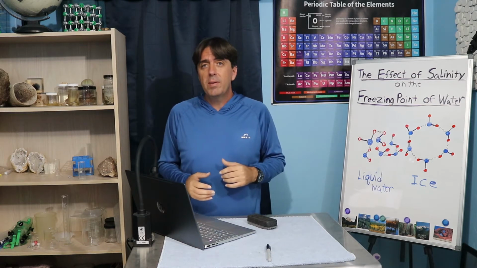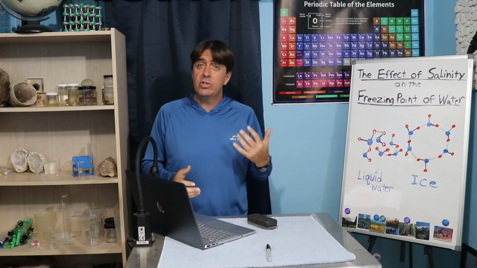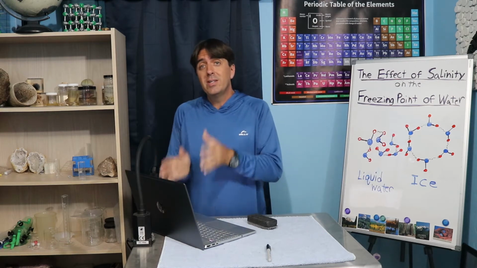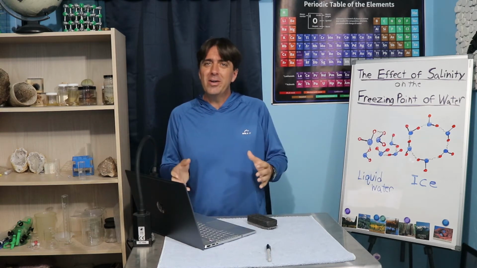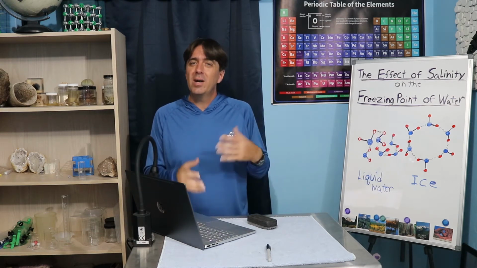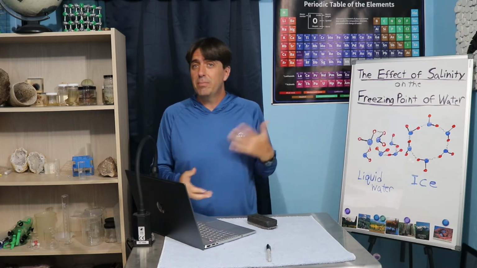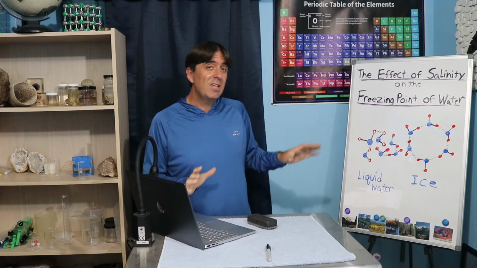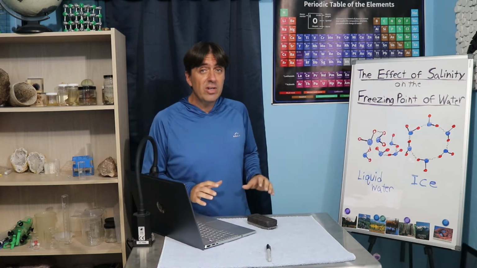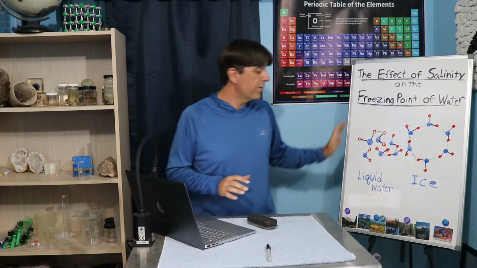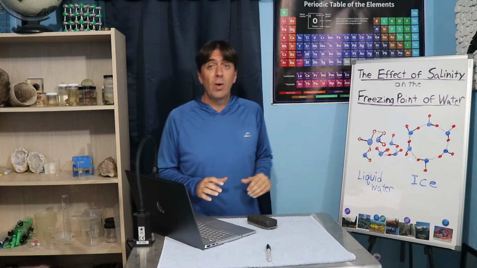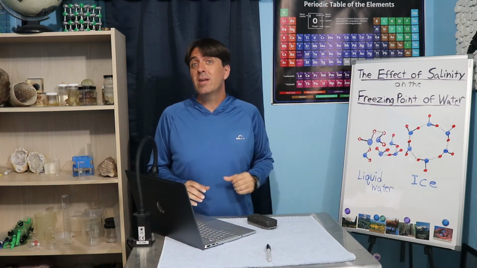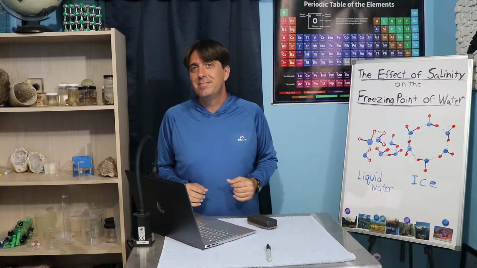Now, we are going to be playing around with this because we're dealing with the ocean, and when you put salts in water, you gain another set of properties. They're called colligative properties specifically, but either way, that changes the freezing point, the point at which water transitions from a liquid to an ice. And that is what we're going to investigate here today.